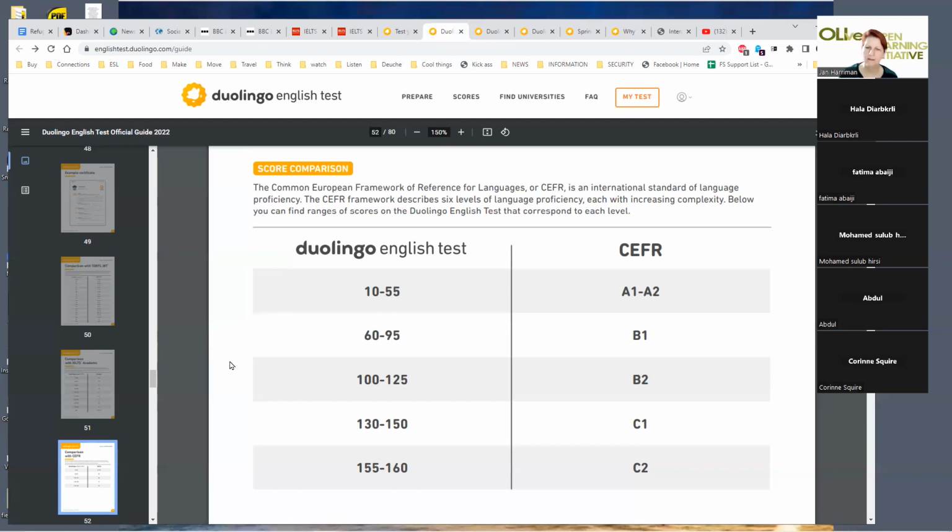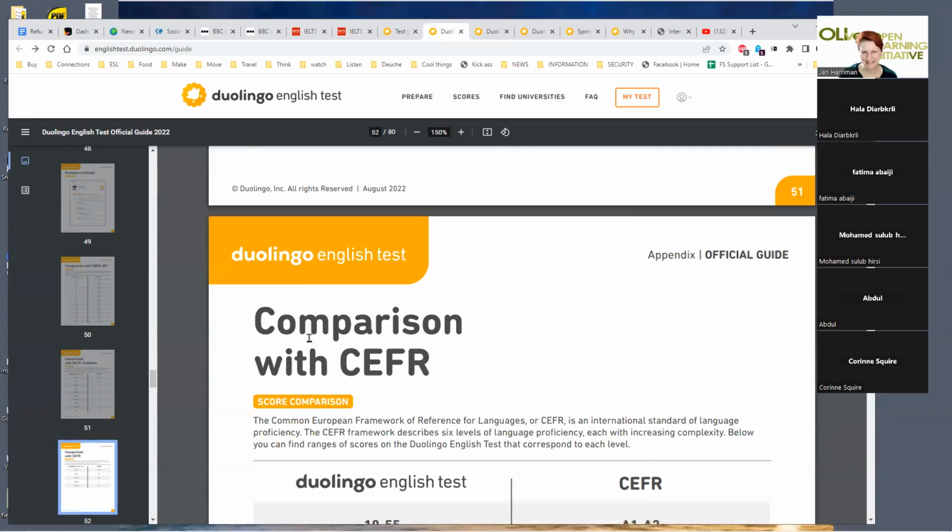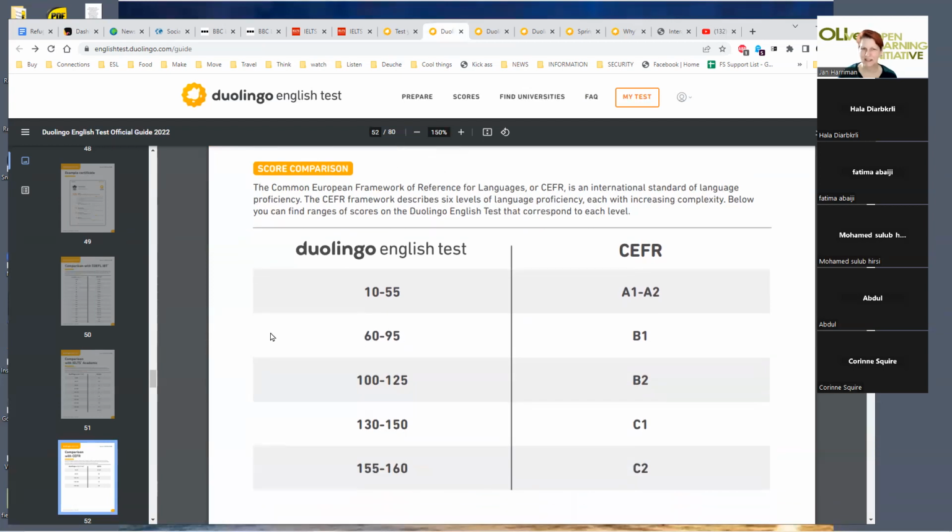That was my score. Now I can put it here and I can see what my score would be in Duolingo. So all these things are very useful probabilities and possibilities. It doesn't exactly tell you, but it gives you a very rough understanding of where you are or where you would be. Absolutely, it's very helpful.